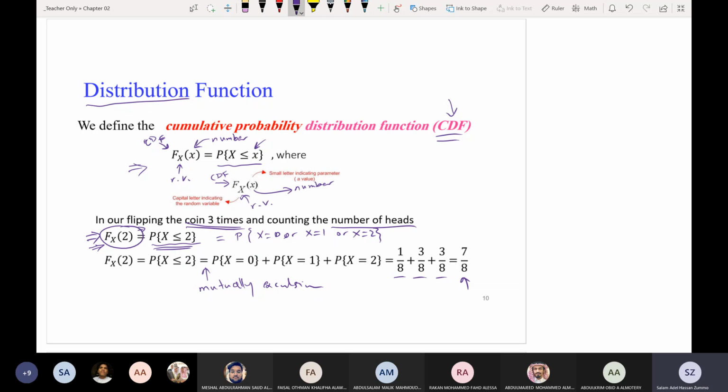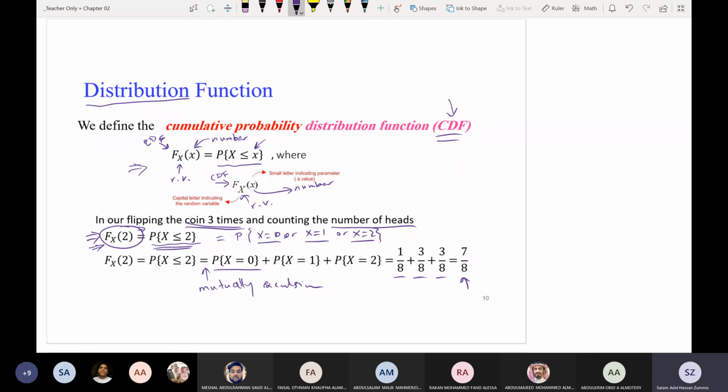Now, in order to find this probability, we go to the corresponding event. When does X become less than or equal to 2? This happens when X equals 0, or X equals 1, or X equals 2.